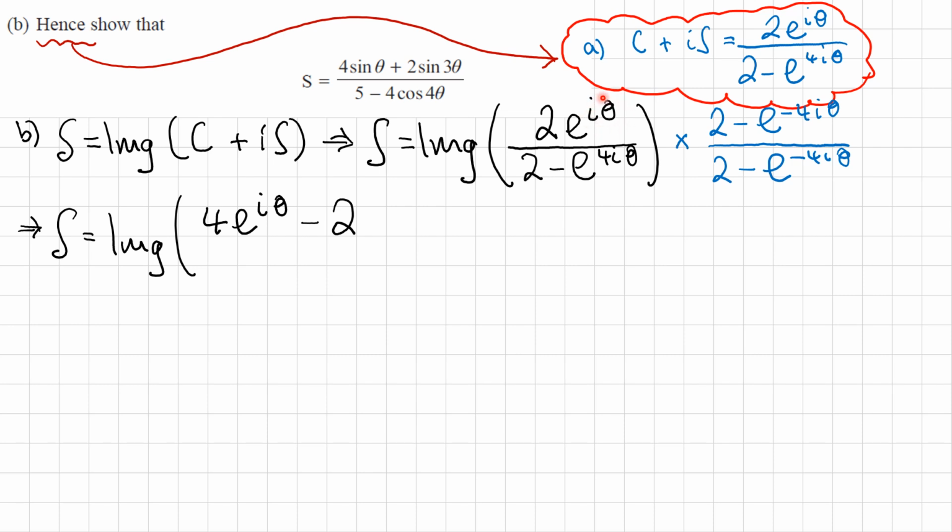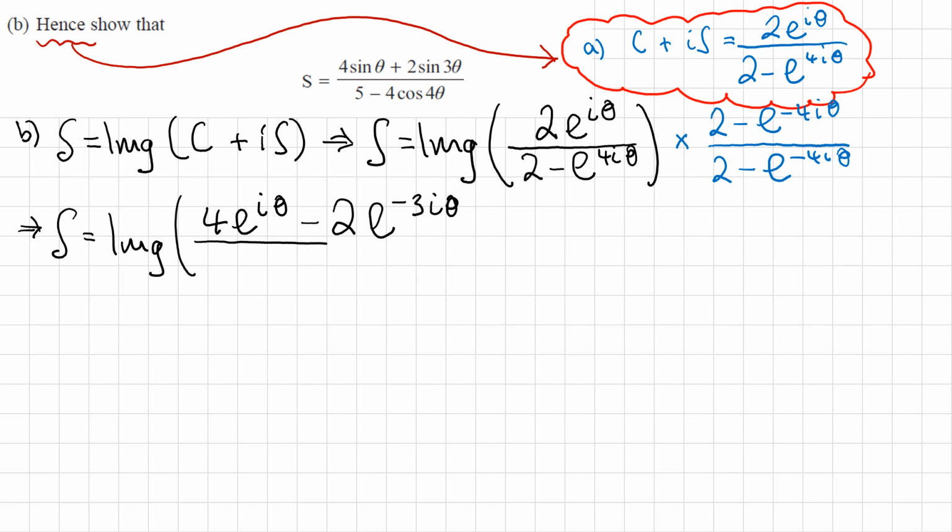We've got one lot of i theta, and then we need to subtract 4 lots of i theta, which will give negative 3 i theta. So you've got e to the negative 3i theta. That makes sense because I can see the 3 theta there and a theta there, so it seems to be matching up.